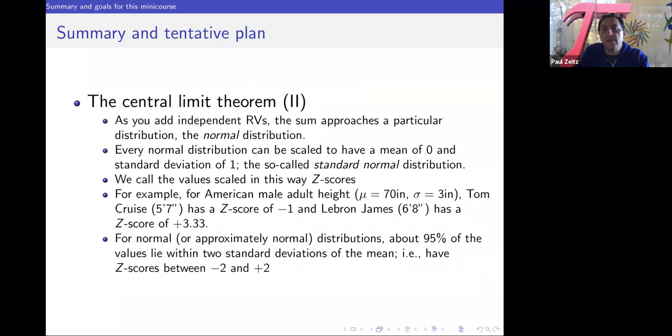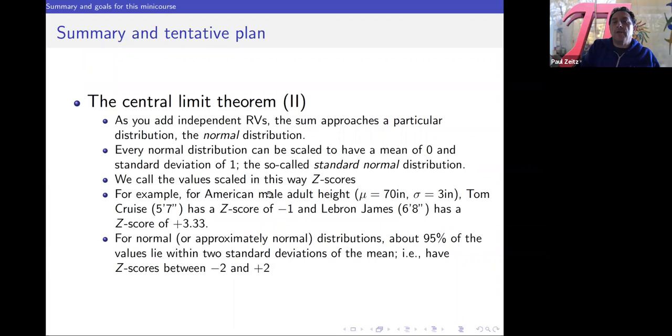And we also developed the idea of the normal distribution, and the all-important idea of a z-score, which I will be reviewing later today because we're going to use that. But the basic idea of a z-score is, if you have a variable that doesn't even have to have a normal distribution, but in general, if it has a bell curve distribution, one way of describing values of the variable is not the actual number, but how many standard deviations you are above or below the mean.